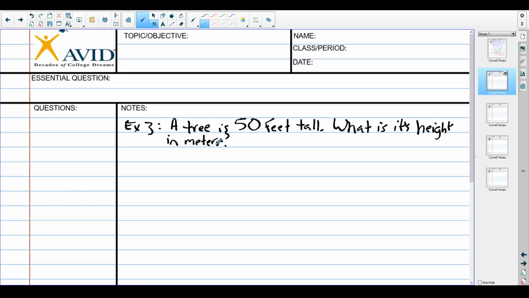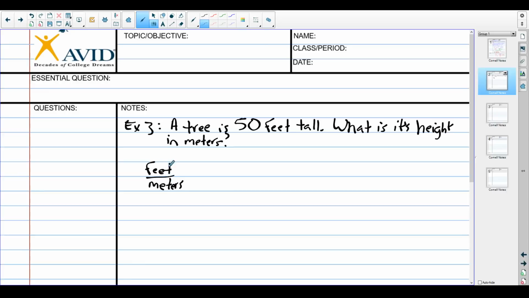So this appears to be a word problem, but it's the same exact thing as what we did on the previous page. It's basically saying convert 50 feet to meters. Okay, so we look at our 2 units. We have feet, we have meters. I'm going to write down feet and meters.